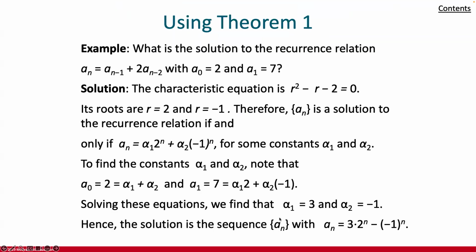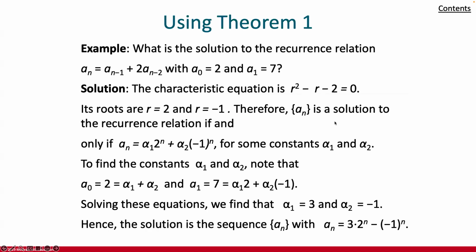So how will we go about using this? What is the solution to the recurrence relationship that we list here? You can see that the characteristic equation is r squared minus r minus 2 equals 0. We can calculate what the roots are.